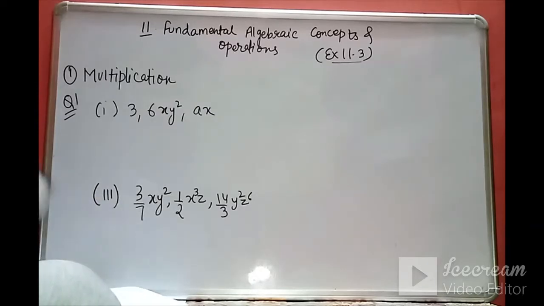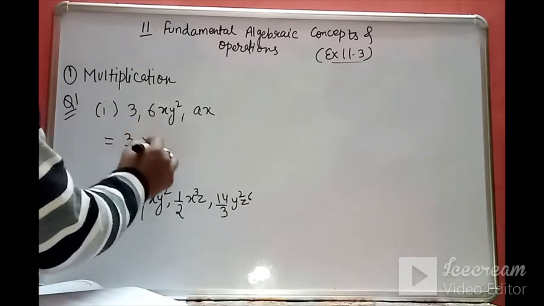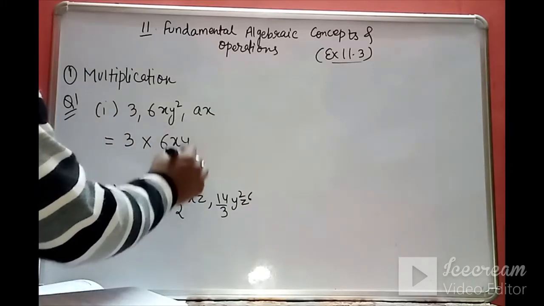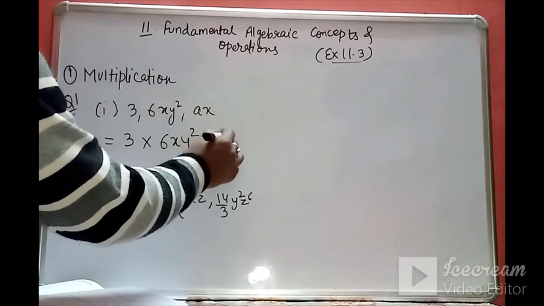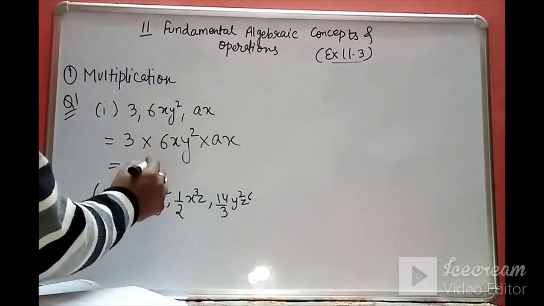Whenever you solve the multiplication of algebraic expressions, you need to know a few concepts of exponents that you have studied in the previous chapters. So like this we have to multiply. We are going to do 3 into 6xy square into ax, and it will be 3 into 6 is 18.